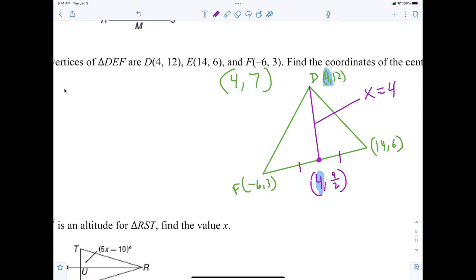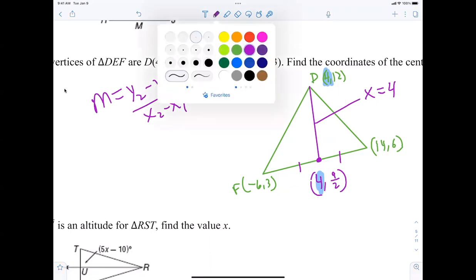m equals y2 minus y1 over x2 minus x1. Right, good question. m equals y2 minus y1 over x2 minus x1. Okay, so let's draw this one now. Let's draw, no, not green, orange.